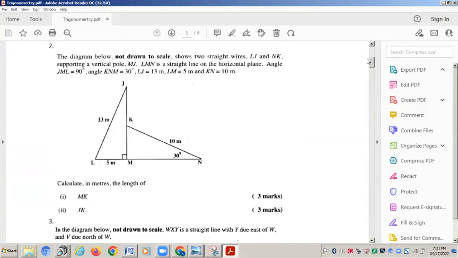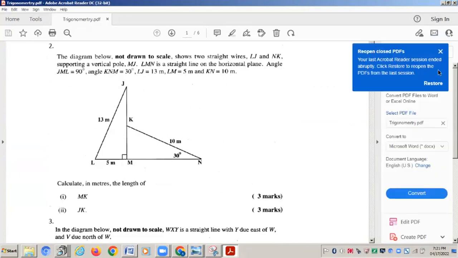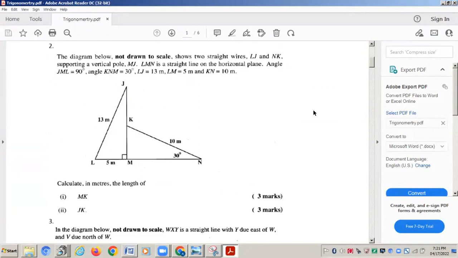We're going to look at number 2. Is everybody seeing number 2? Sir, it's blurry.